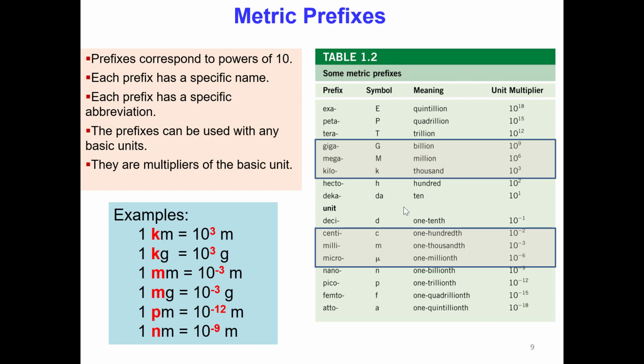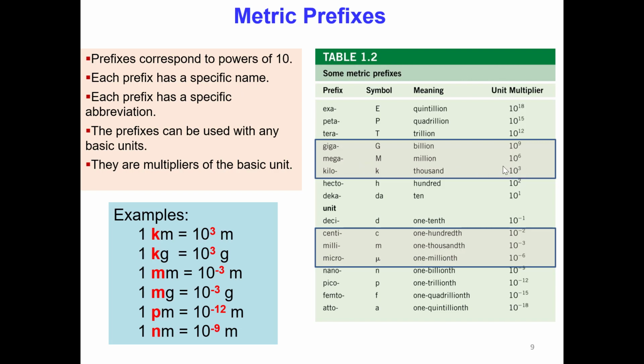Now we are going to talk about the metric prefixes. The metric prefixes are prefixes that correspond to powers of 10. For example, we have here 10 to the power 3, and this power of 10 corresponds to some prefix. Each prefix has a specific name.